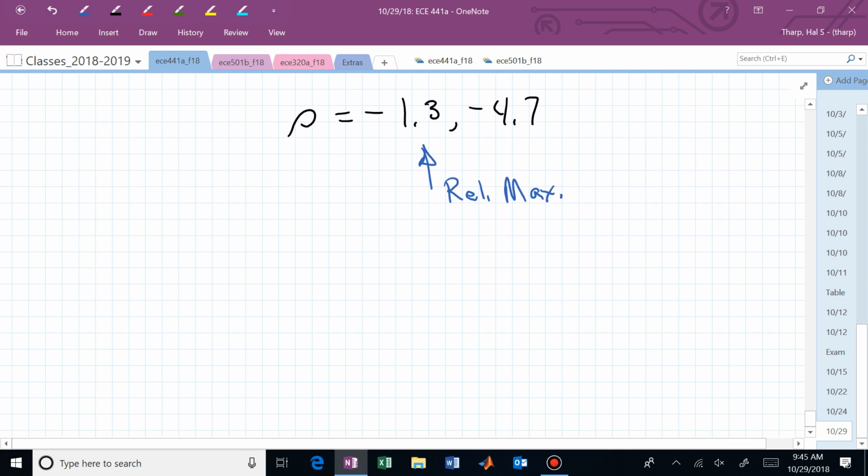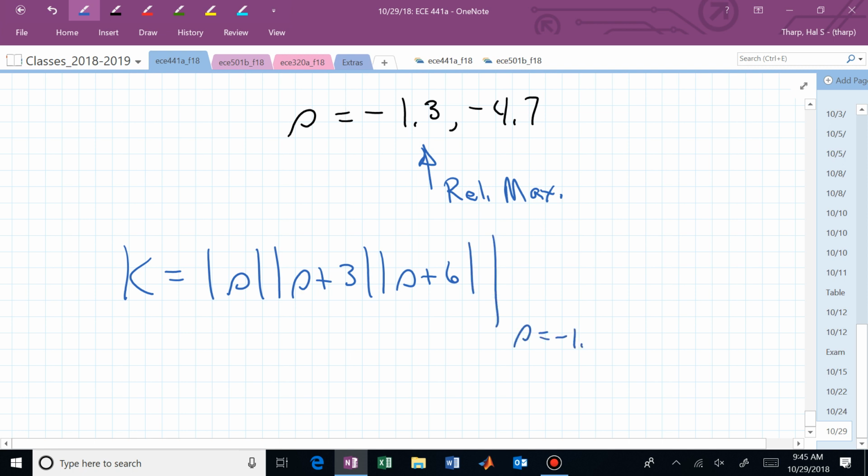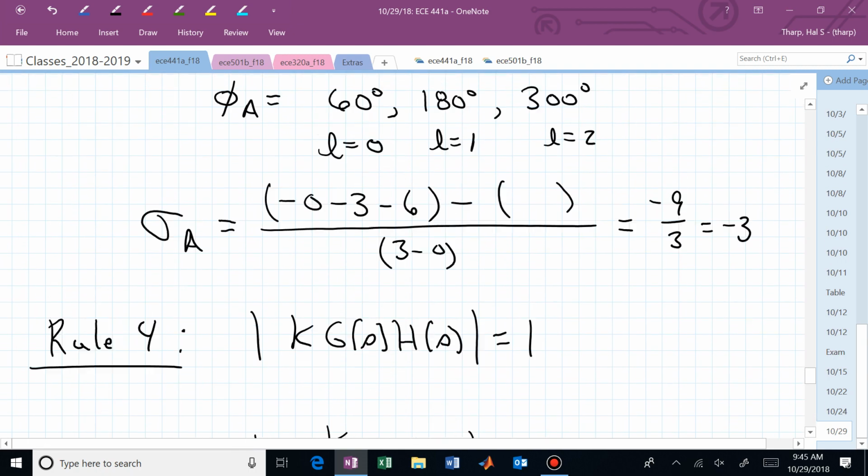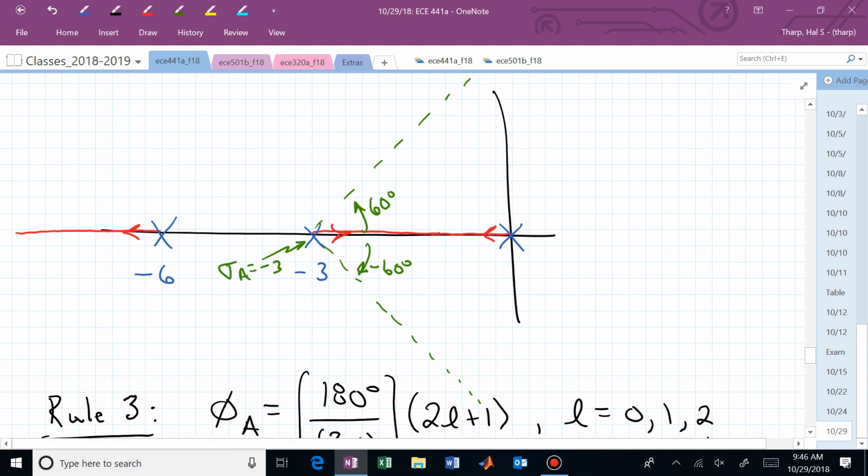And if we now evaluate k at that value, we find that we have a k of 10.4. So now in our diagram, if we come back here, I have to split this in thirds.